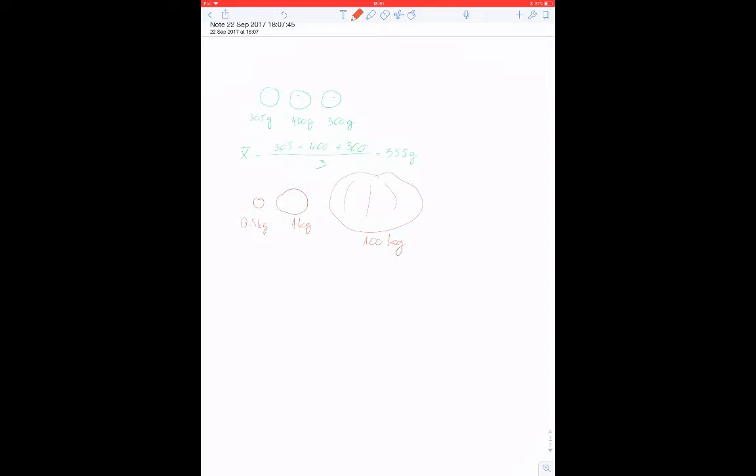So what's the average value for this set of vegetables? X bar equals 0.5 plus 1 plus 100 divided by 3, which is 33.8 kilograms.